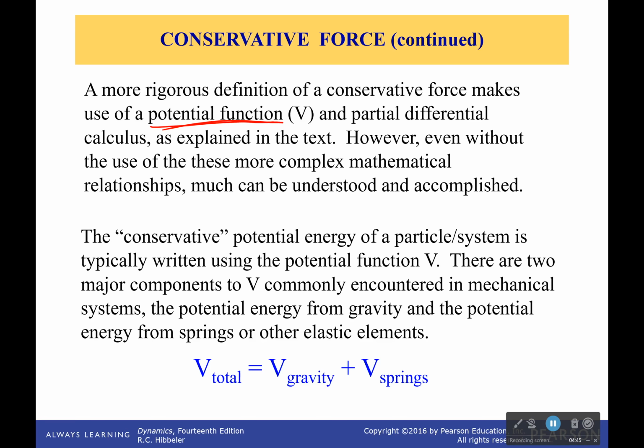Because the conservative potential energy of a system is typically written as a potential function V. And there are usually 2 major components that are going to be encountered in our problems: the gravity and energy from springs. So both of these added together is going to be your total potential energy for a system. Now, don't forget that, because we've also learned about kinetic energy earlier. Now we're bringing in potential energy, and surprise, surprise, they're probably going to get combined.